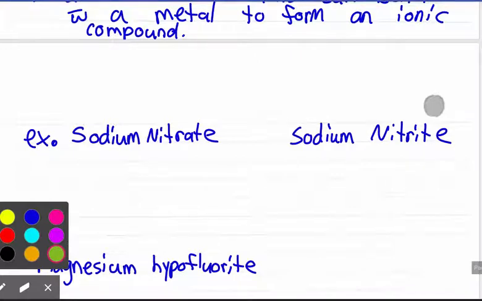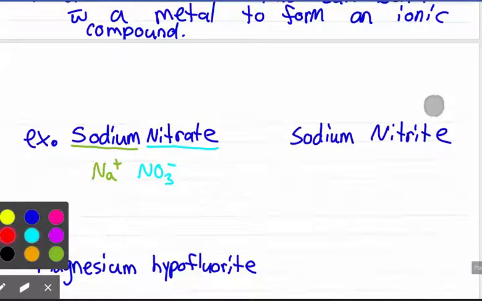We're going to use the same rules we did before. The symbol for sodium is Na with a plus, and our nitrate is NO3. I know this because I memorized my ates, and it's a 1 negative charge.